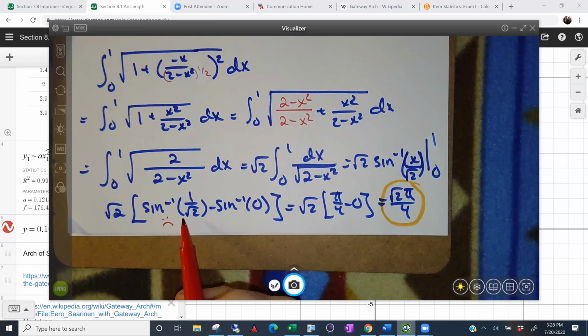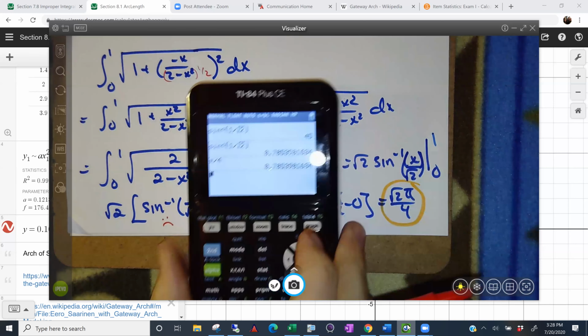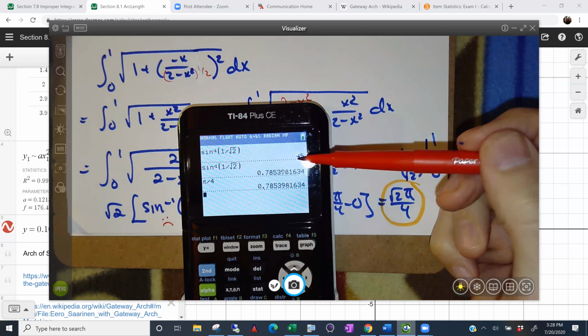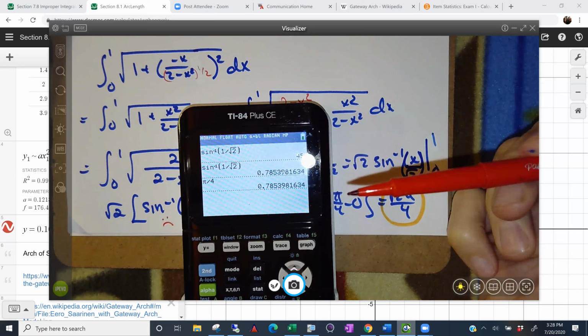But for numbers that are part of our special angles, like pi over 4, pi over 3, pi over 6, those kind of things, I kind of expect that you can get those if you need to. I don't expect you to have them memorized, which is why I went through all this, to show you, okay, this is how you could get it if you've forgotten it.